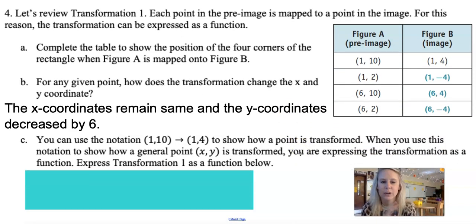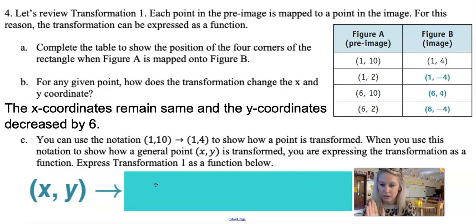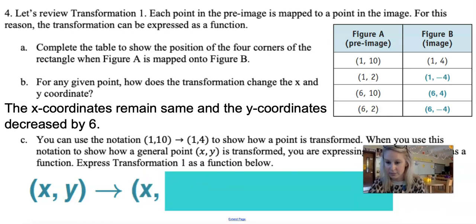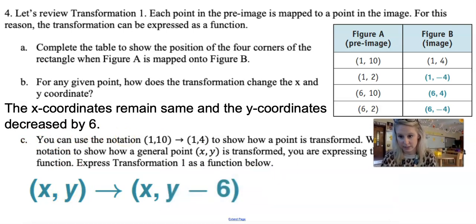If I'm going to write a rule for that, my x's didn't change, but my y's did. You start off your function with (x, y) arrow. You're taking some ordered pair and something is happening to it. If the x's are staying the same, x goes onto x. The x value is not changing, but my y values decreased by 6, so I took y and subtracted 6 from it, which gives y minus 6.